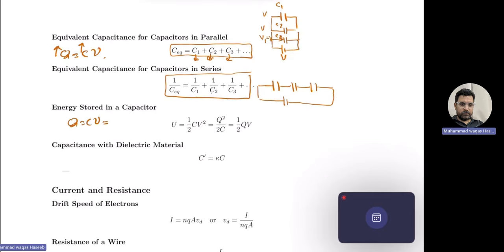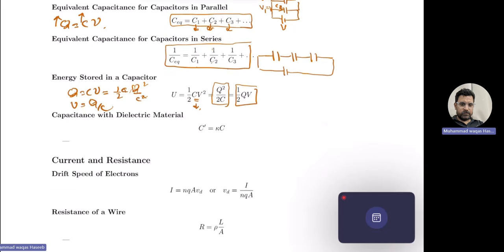If you substitute V as Q by C, you get 1 half C times Q squared by C squared. One C will be cancelled out and you will get this. And if you substitute with C, you will get this. So these three are different formulas for calculating the energy stored in a capacitor.